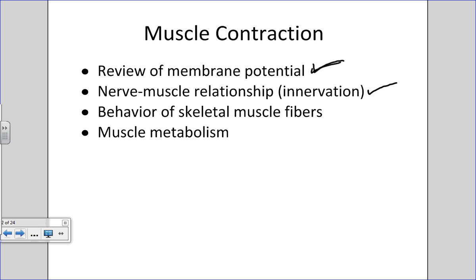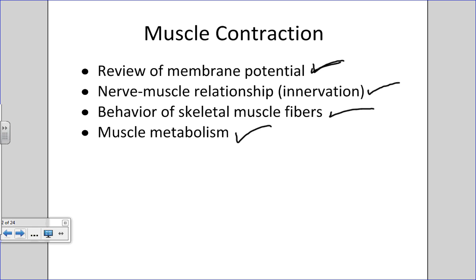And then in this video, I'll really start going into the major properties, and then talk about the nerve-muscle relationship, basically the importance of nerves in muscle contraction, and how skeletal muscles work, essentially how the myofilaments that we discussed in the previous video interact with one another to actually create a muscle contraction.